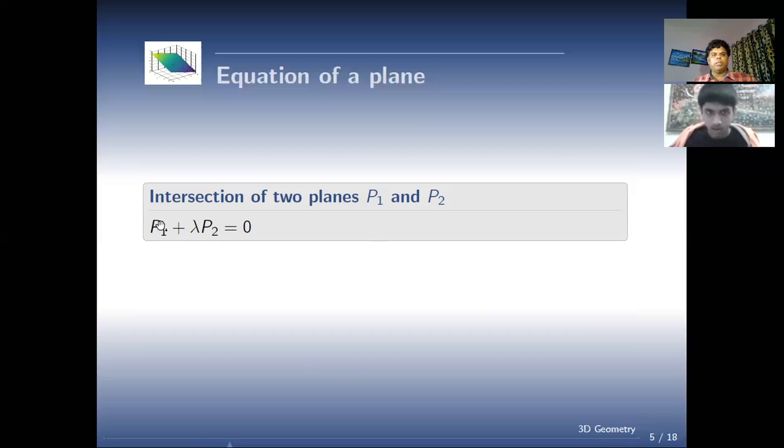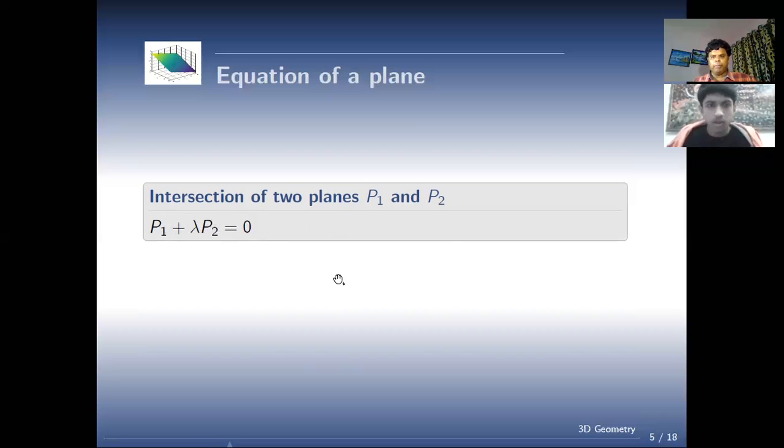Because if I take any point that is common to both P1 and P2 and plug it in here, I'll get 0. It will satisfy P1 and it will also satisfy P2. So I can formulate the new equation as P1 plus lambda times P2 equal to 0.